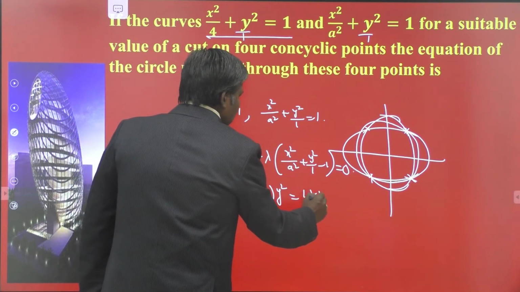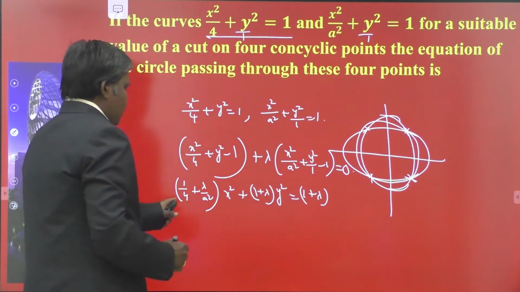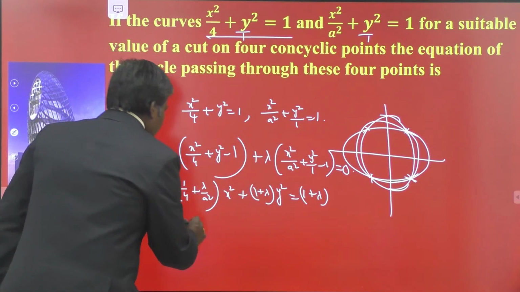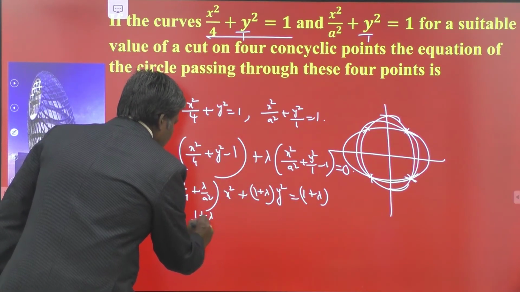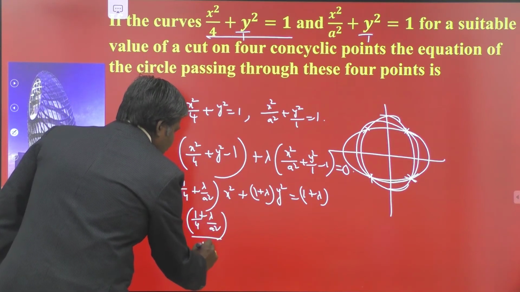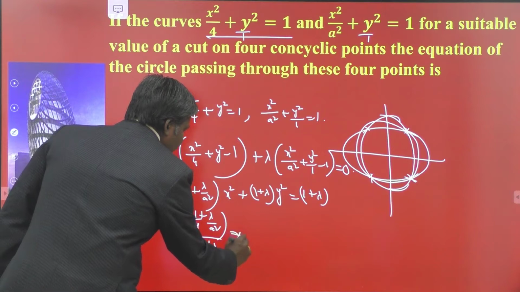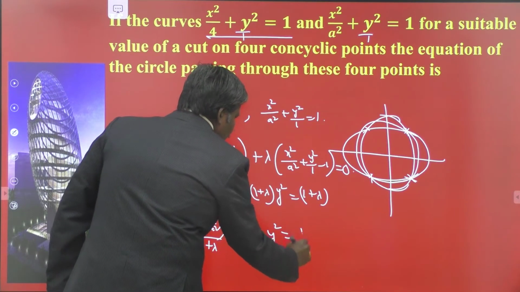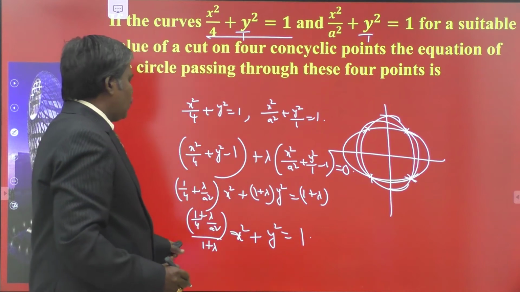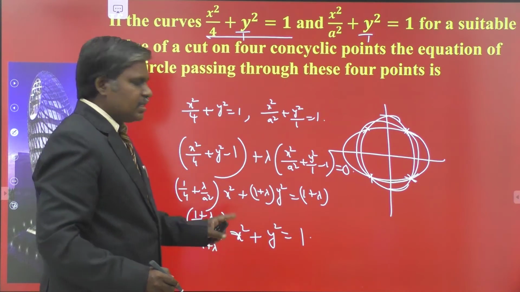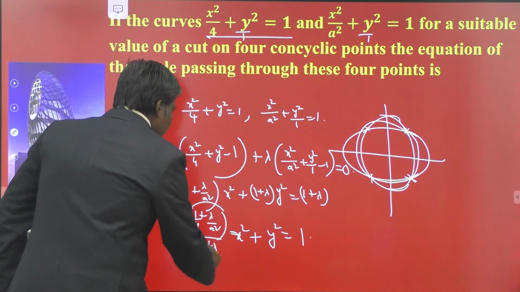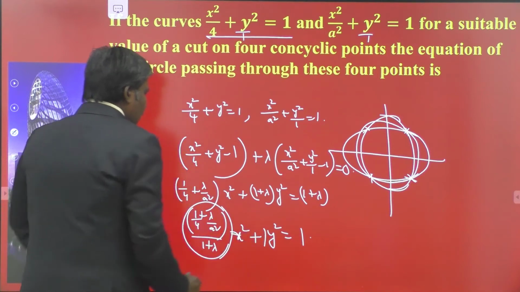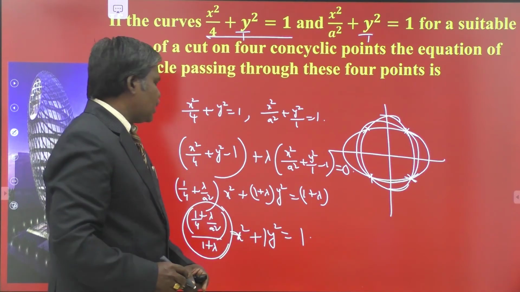We mean 1 plus lambda. Now dividing on both sides by 1 plus lambda, what we obtain? (1/4 + lambda/a square)/(1 + lambda) times (x square + y square) is equal to 1. Now my dears, if it represents a circle, this must be equal to 1, because coefficient of x square equal to coefficient of y square.